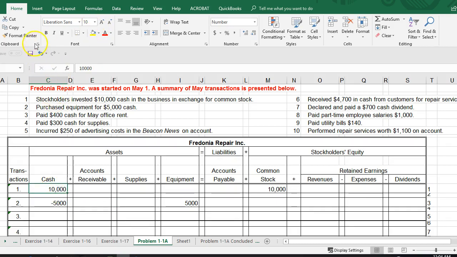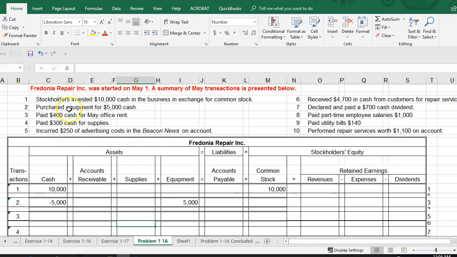Notice for this transaction, we had two different asset accounts involved. The one account being the cash account, the other being the equipment. Whenever you have two asset accounts involved in one transaction, one of those accounts must increase, the other account has to decrease.